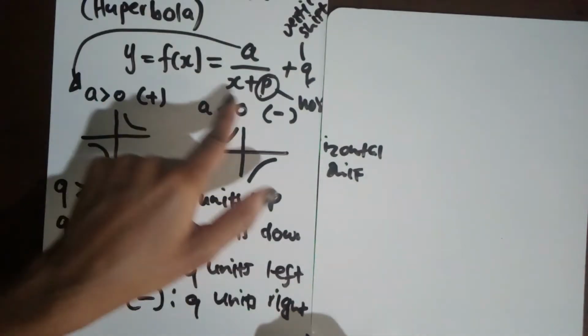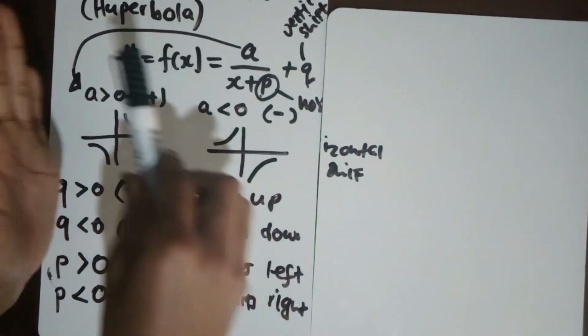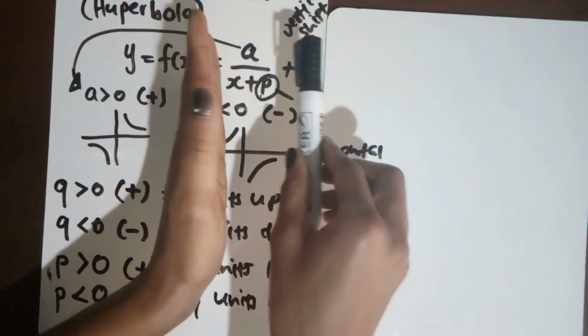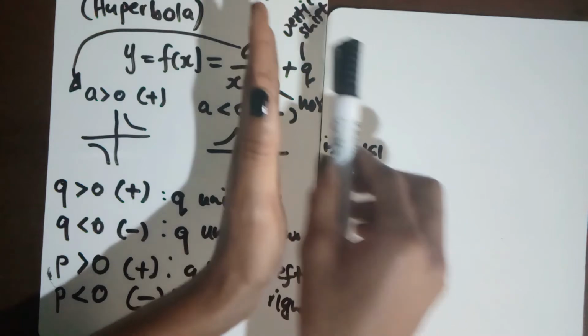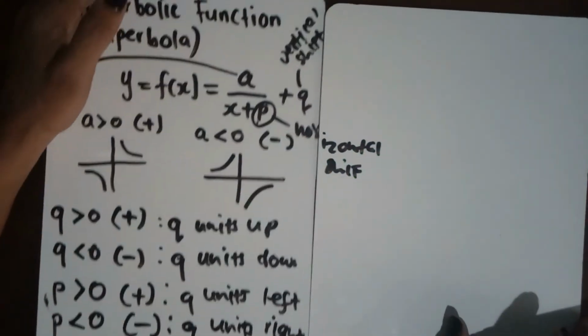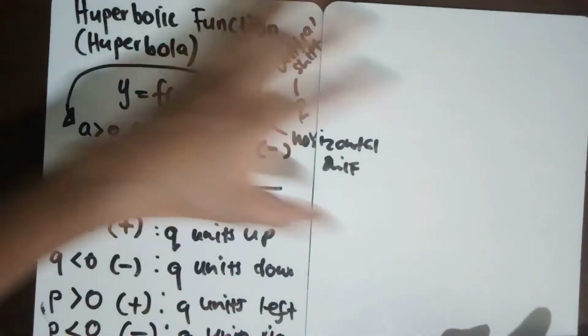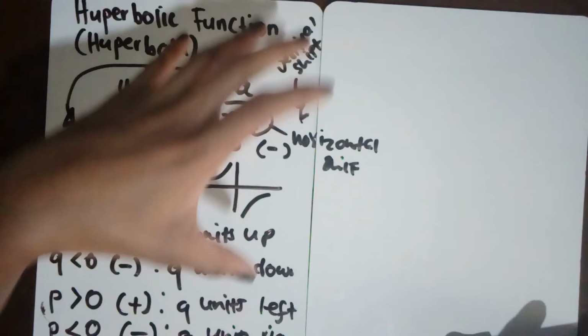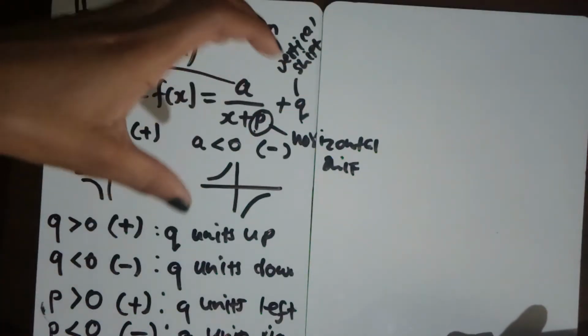So if we have x minus 1, our hyperbola would have shifted 1 unit to the right. If it's x minus 2, our hyperbola would have shifted 2 units to the right. It's very important for you to understand these things before we try to plot them.